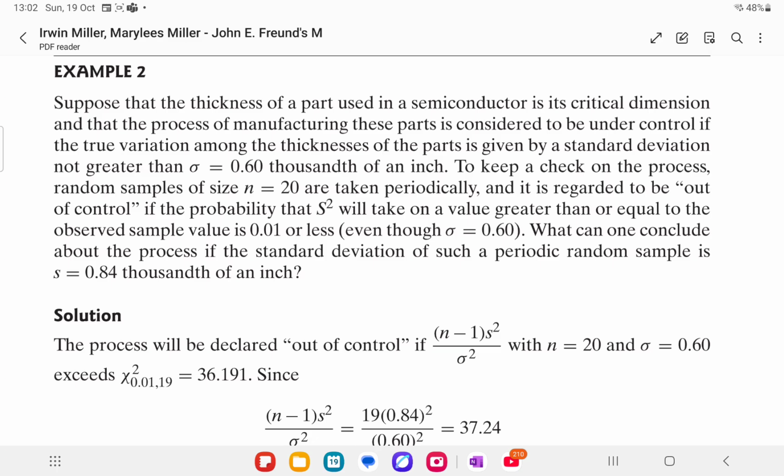And then to keep a check on the process, n is 20 and samples are taken periodically, and the process is regarded to be out of control if S square will take on a value greater than or equal to the observed sample value with probability 0.01 or less, even though sigma is 0.60. So it means that it should be under control when it is less.